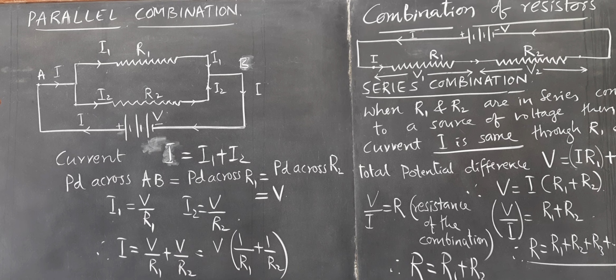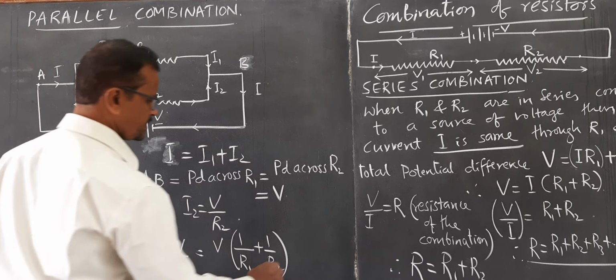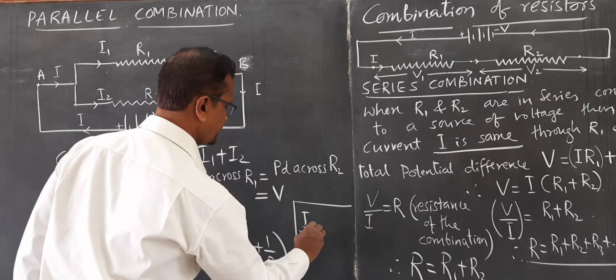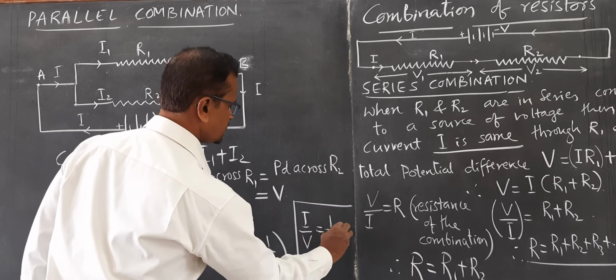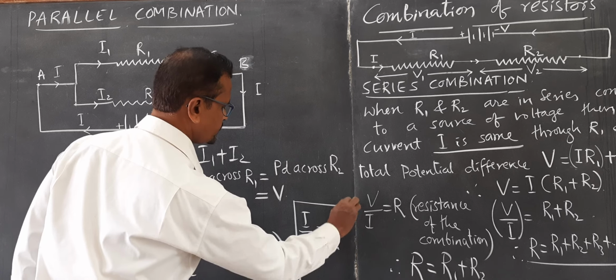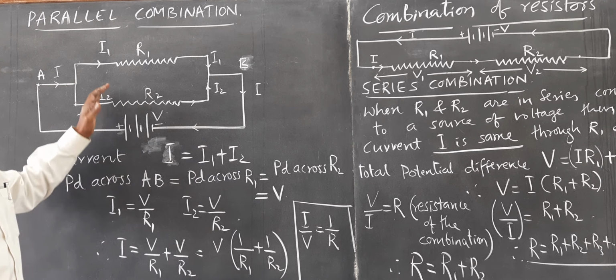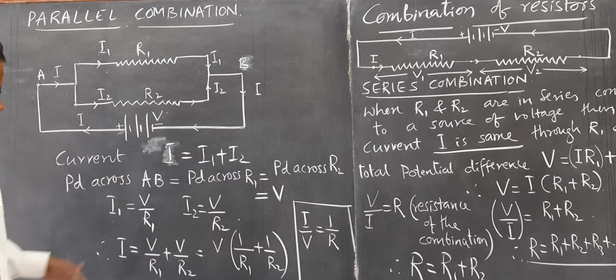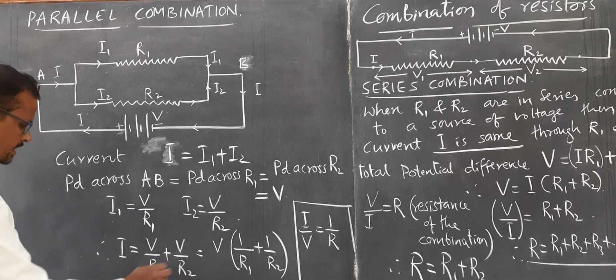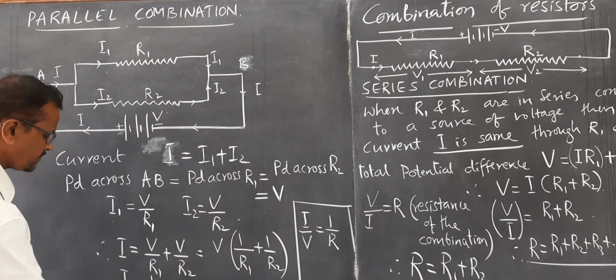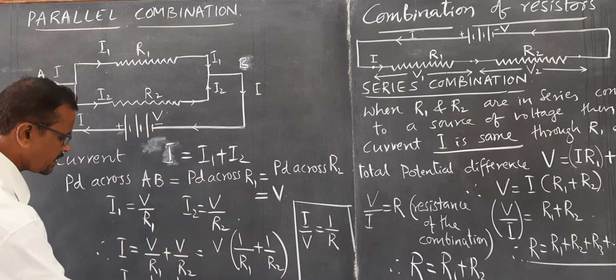So, it becomes I by V. So, what is I by V? I by V becomes the reciprocal of total resistance. So, I can write it as I by V equal to 1 by R1 plus 1 by R2.